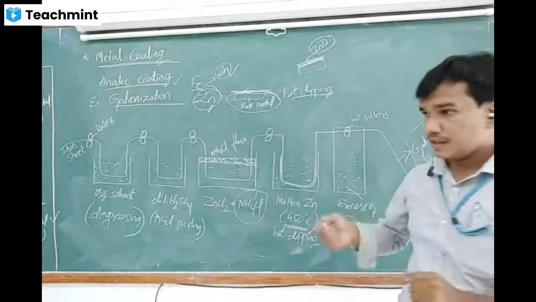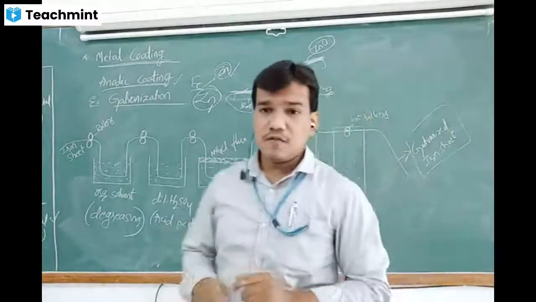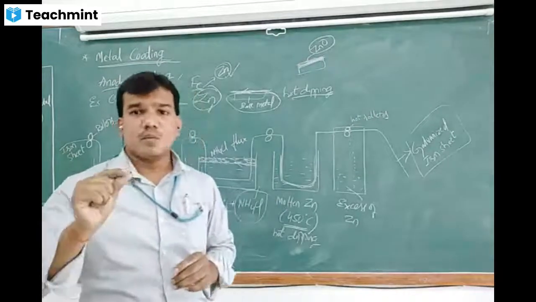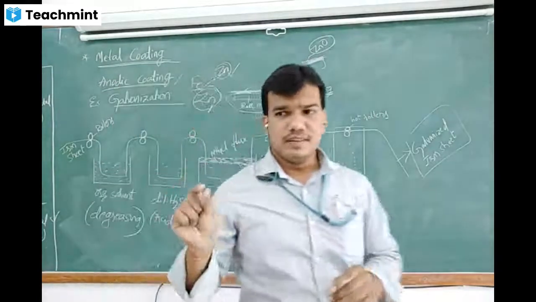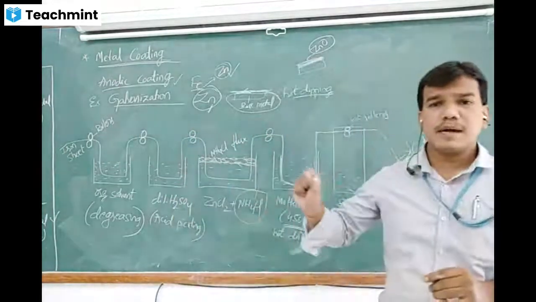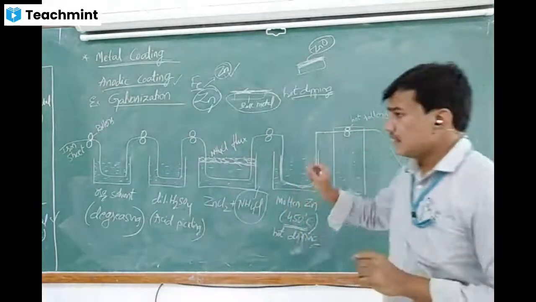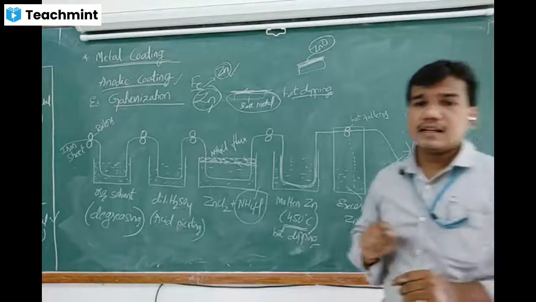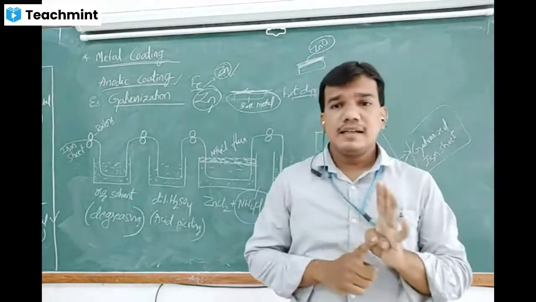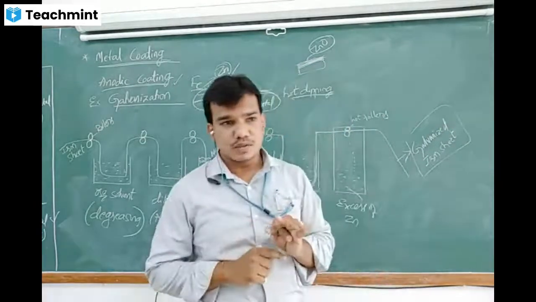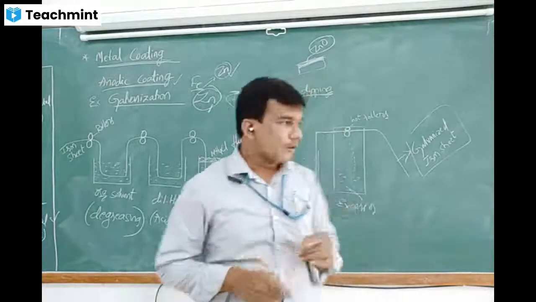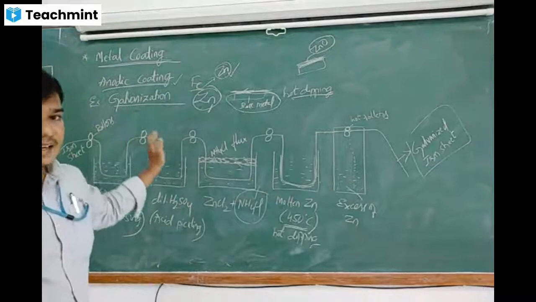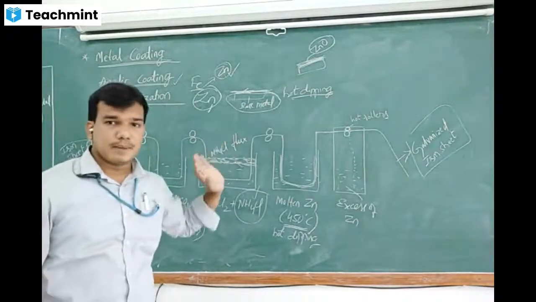Then for nuts and bolts, these are made up of steel and then coated with zinc metal. For making nuts, bolts, screws and buckets, these galvanized iron sheets are used.